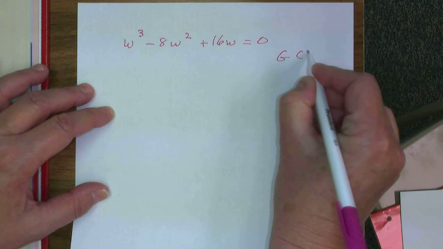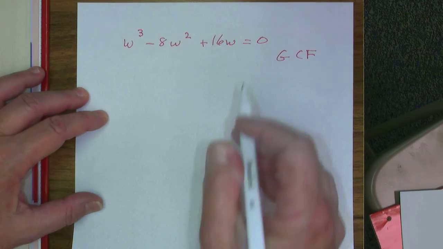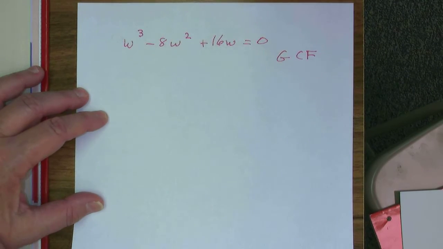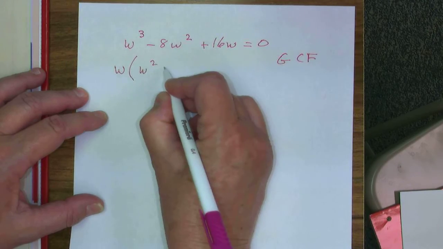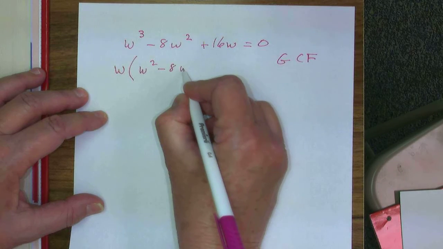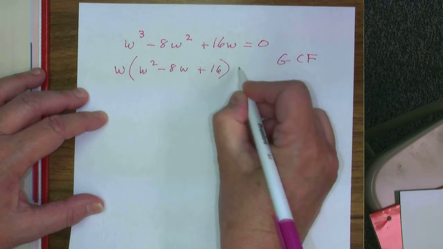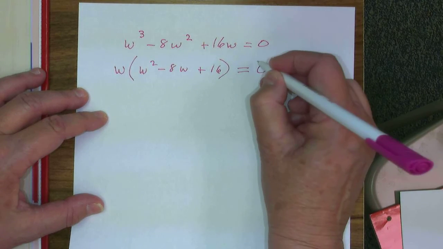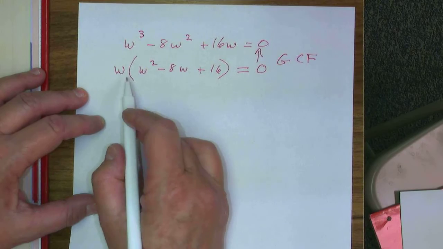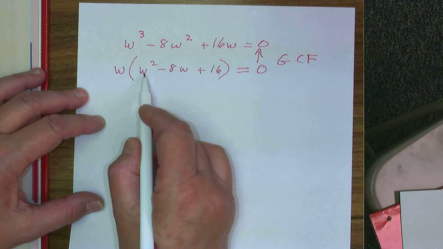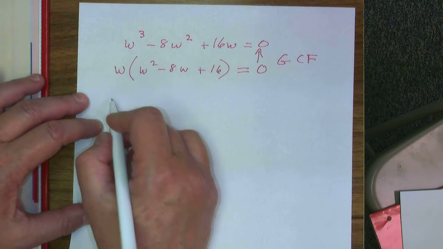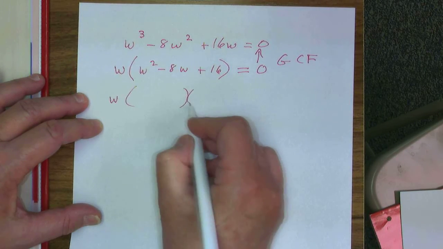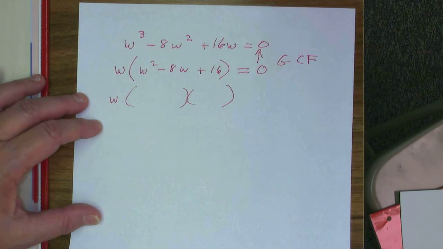There is a GCF. That's the first thing you look for. Well, first thing is it's set equal to 0, so we're ready to go. Factor out a w. w squared minus 8w plus 16 equals 0. Don't forget that. Let's check it. w cubed minus 8w squared plus 16w. Don't lose the w. The trinomial should then factor into 2 binomials.